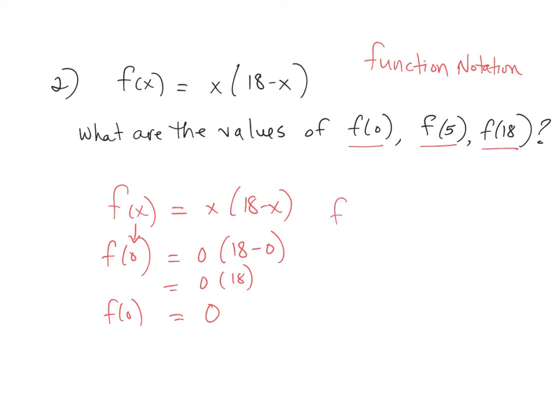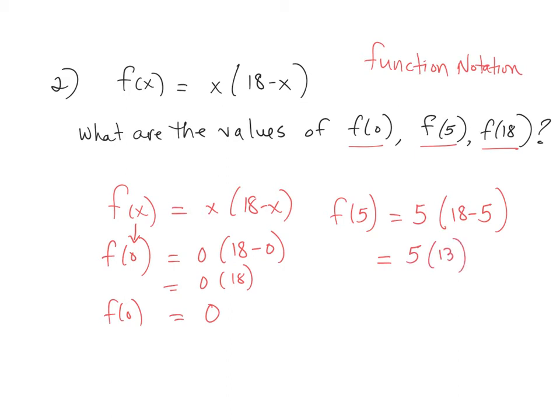So if I do f of 5, this time I'm going to substitute in where I see an x, I'm going to put a 5. Now this is where we need to remember order of operations. Anything in the parentheses comes first. So we would do 18 minus 5, which is 13.